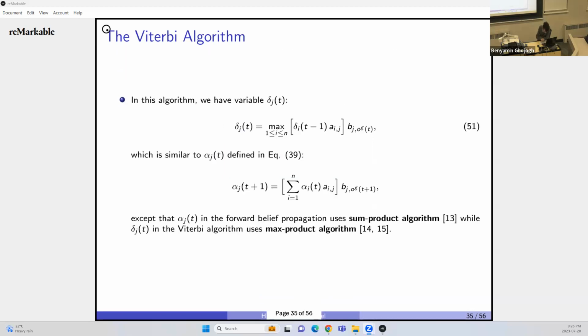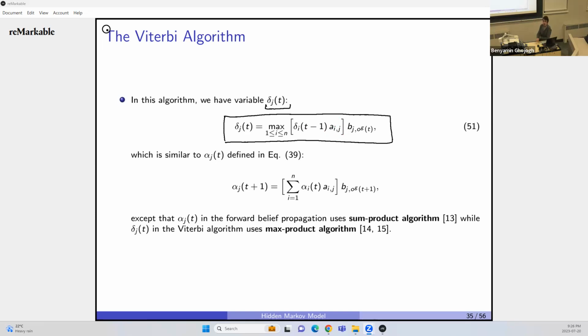In this algorithm, we have the variable delta_j(t). What is delta_j(t)? I define it as the maximum of this, delta_i(t-1), so as you see, it's recursive, times a_ij. What is a_ij?